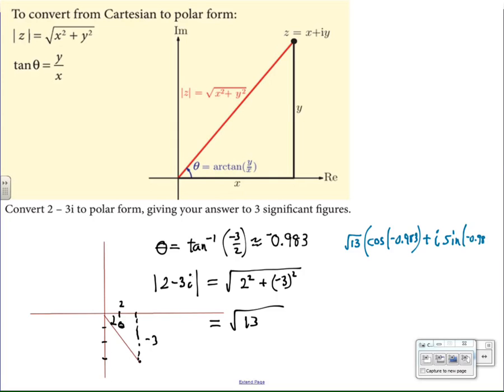The shorthand for polar notation is going to come up in just a moment, but essentially what we have is two sides of a triangle, where if we took the cosine of the angle, we would get the horizontal piece or leg of that triangle, and we need to scale it up, square root of 13 times bigger, to account for the fact that the hypotenuse is not 1 like it is on the unit circle.